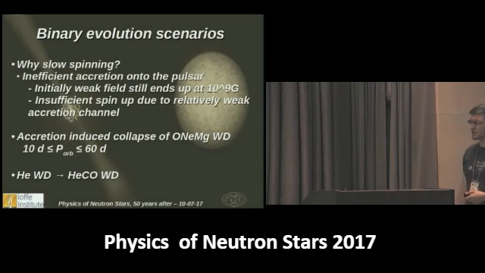Other possible scenarios are that there might be a different formation scenario. For instance, an oxygen-neon-magnesium white dwarf can turn into a neutron star under accretion-induced collapse. However, this applies only when the orbital period of the binary is really long, from 10 to 60 days, which is not the case. That's why we think it's not really a plausible scenario for our case.